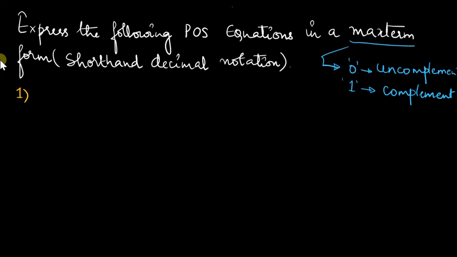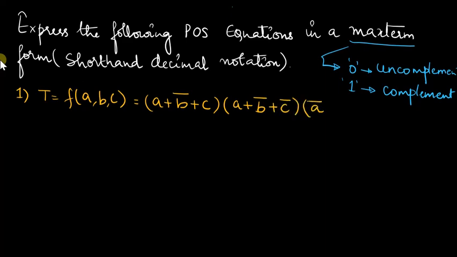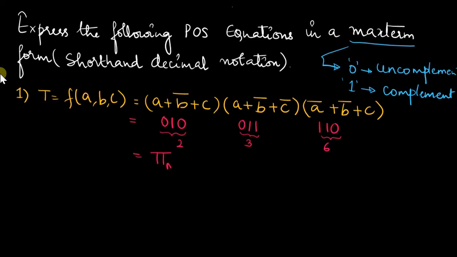So in the first example, we have T is equal to f of a, b, c, which is represented as a plus b bar plus c multiplied with a plus b bar plus c bar multiplied with a bar plus b bar plus c. In binary, this is equivalent to 010, 011, 110, and in decimal, this is equivalent to 2, 3 and 6.